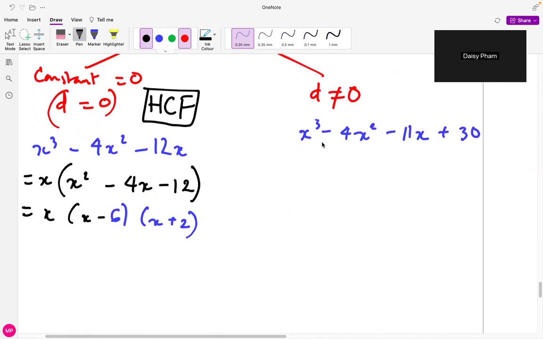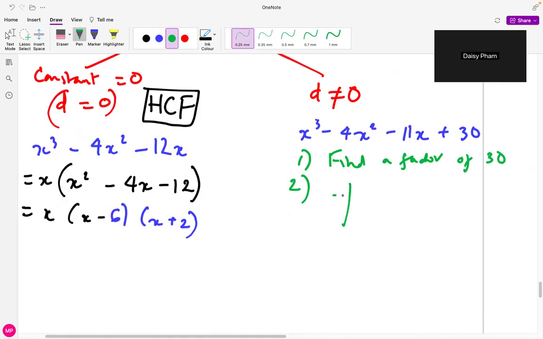Then we would refer down to find a factor of 30. And then we're going to draw a table, and then we're going to find the quotient once we've done the table. Then we continue factorizing.